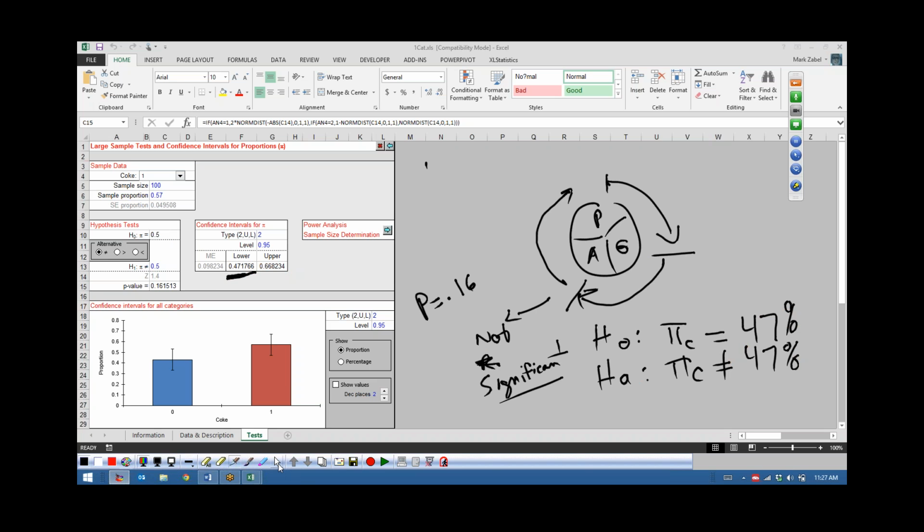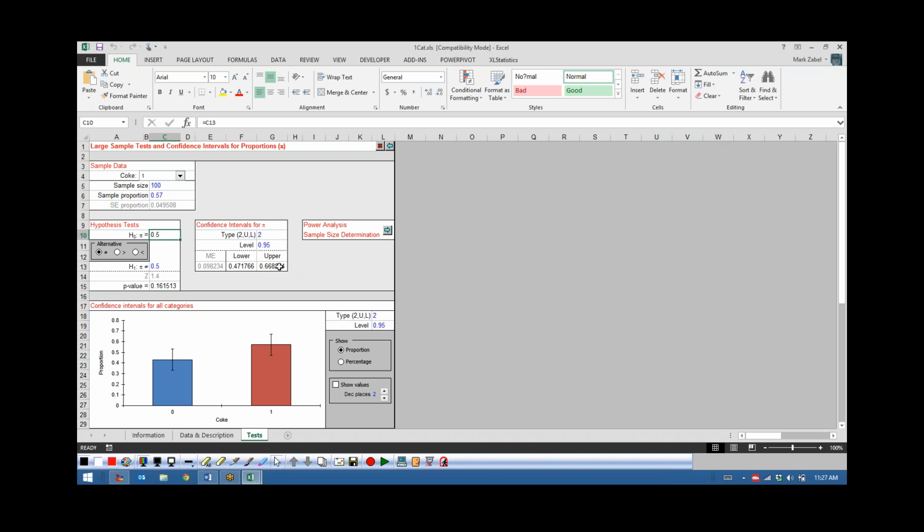And now watch what happens when I put in 0.47. Watch that p-value, 0.47, just under 0.05. You see that? So they're related to each other. If the null value is just inside the confidence interval, it will not reject.